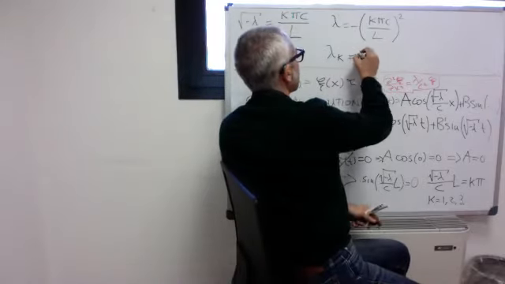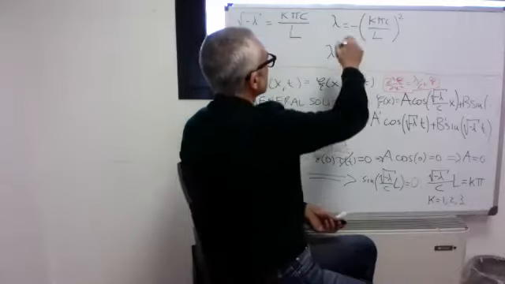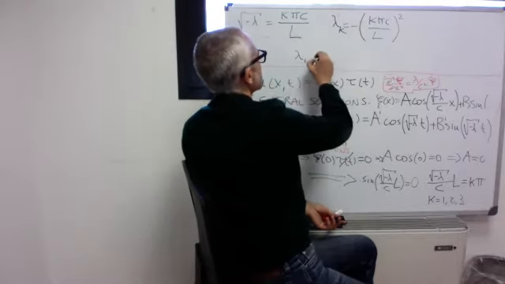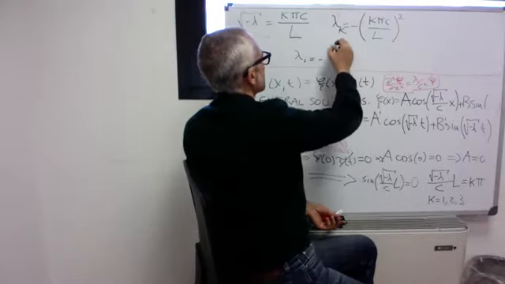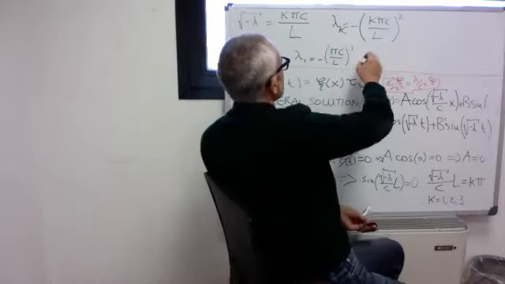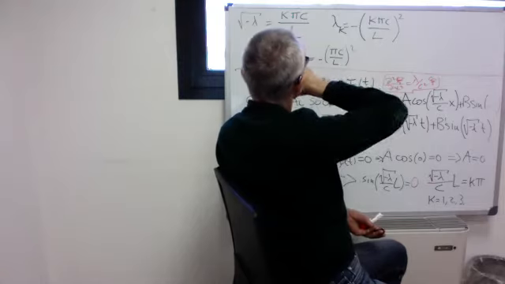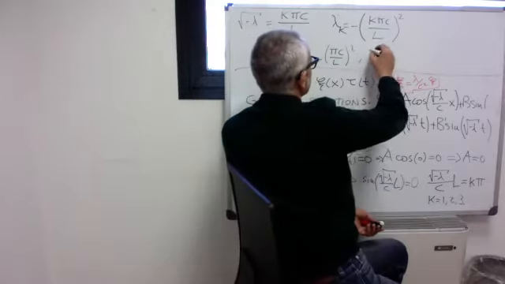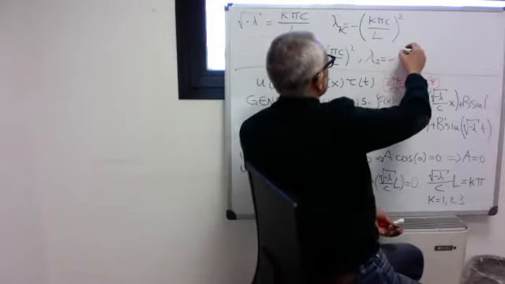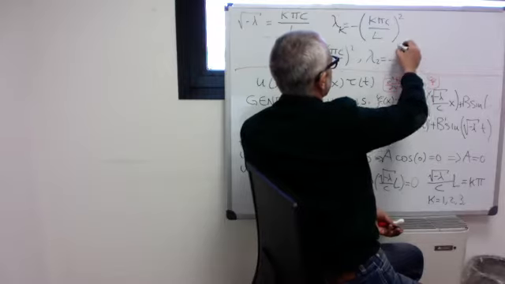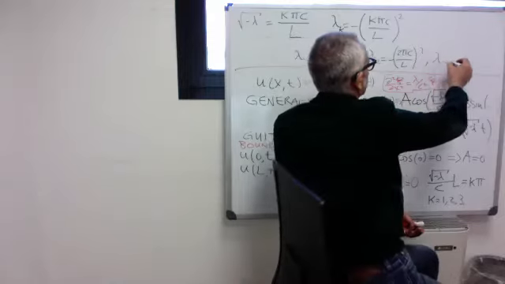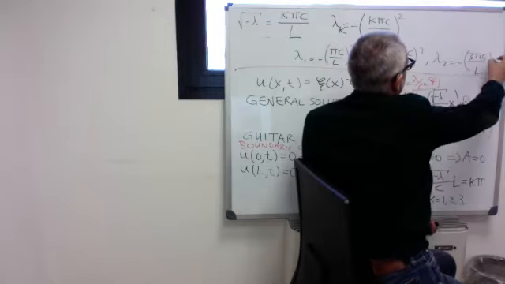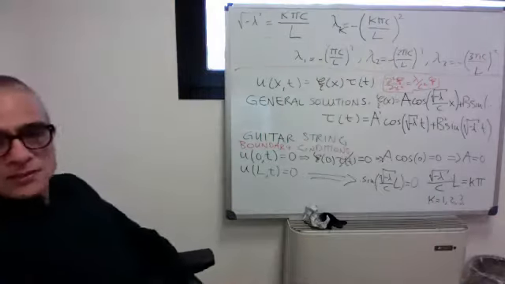So we have a spectrum of values of lambda. I'm going to call them lambda k to distinguish them from one another, which means that we have a lambda 1 that's equal to minus (pi c over L) squared, lambda 2 equals minus (2 pi c over L) squared, lambda 3, and blah, blah, blah, and so on and so forth.